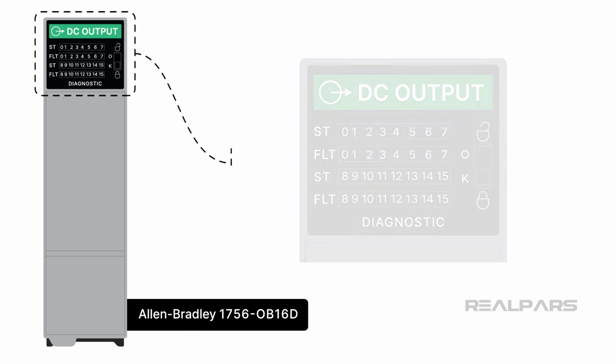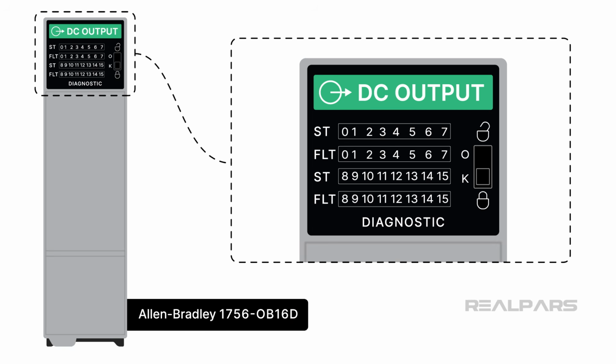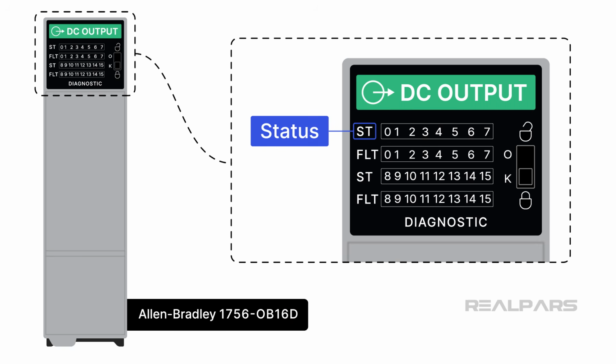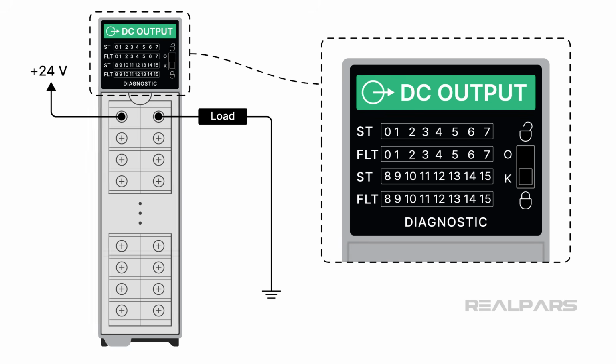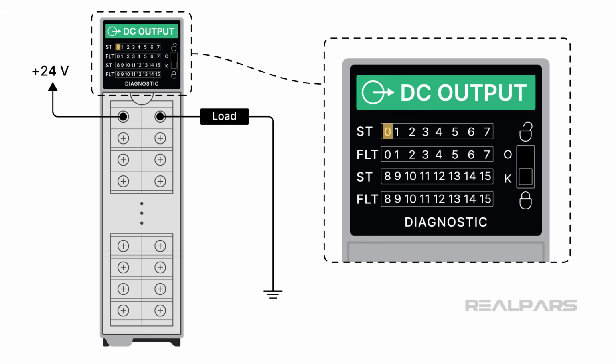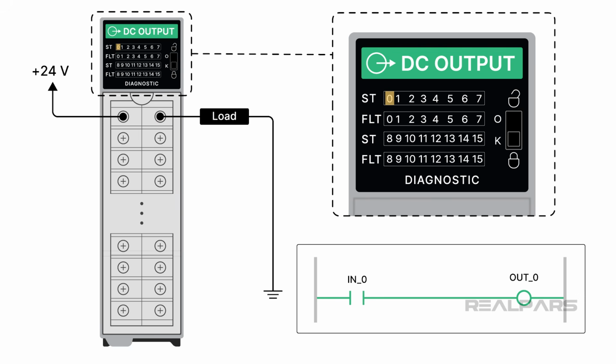As with many output modules, each output has an ST LED that indicates the output command status. To assist with troubleshooting, this module has FLT LEDs that indicate potential problems with the field devices and associated hardware. If the ST LED 0 is on, it mirrors the ON command logic as directed by the PLC program.